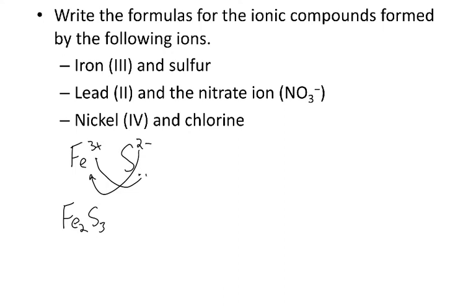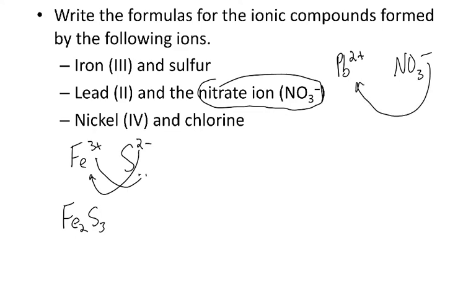Another example, if we have lead 2, so that's lead with a +2 charge, and then you need to know the polyatomic ions, but I've given you the formula here because I'm guessing you don't have them memorized quite yet. The nitrate ion is NO3-, so I'm going to need 1 lead and 2 nitrates.